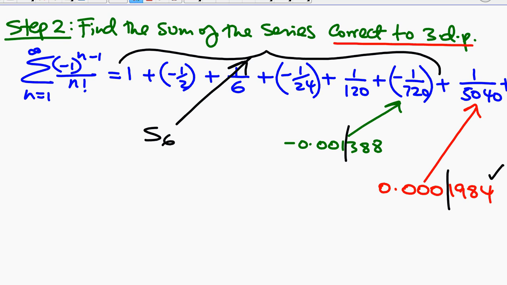In fact, this one here is our neglected term, such that the error is at most 0.0001984, so that the sum S6 is equal to the sum of the series to 3 decimal places of accuracy.